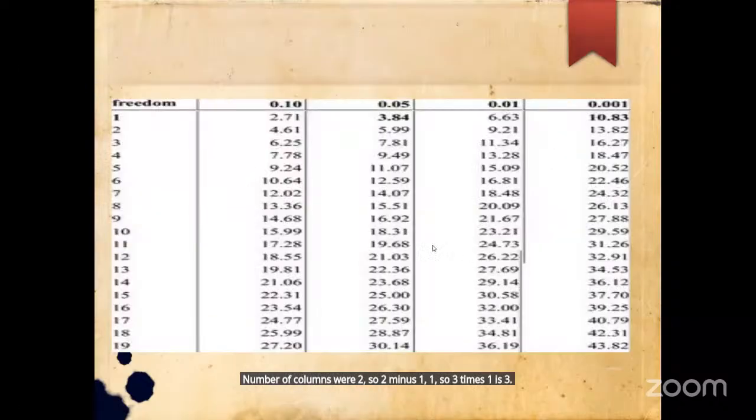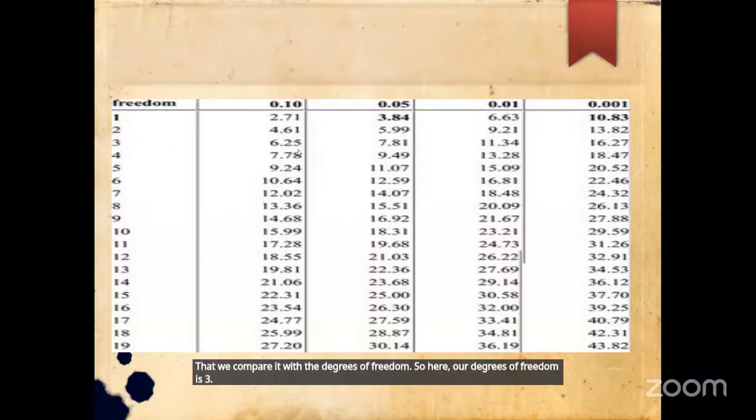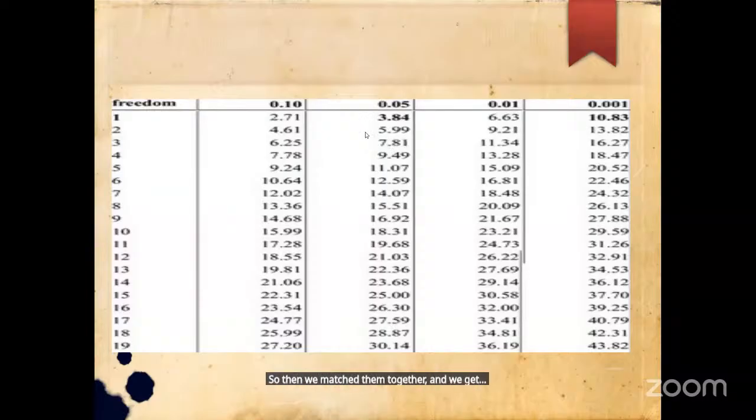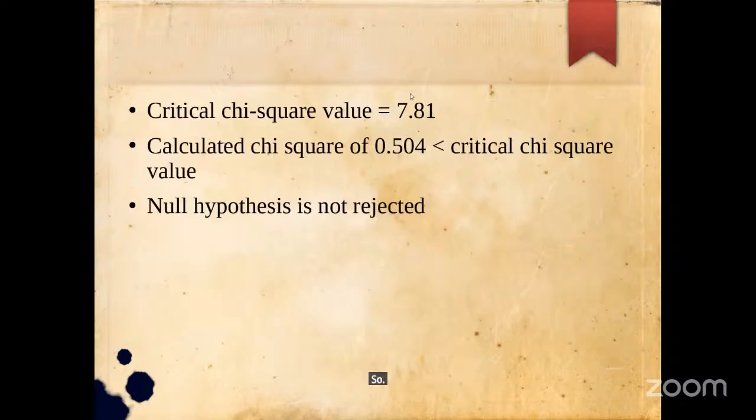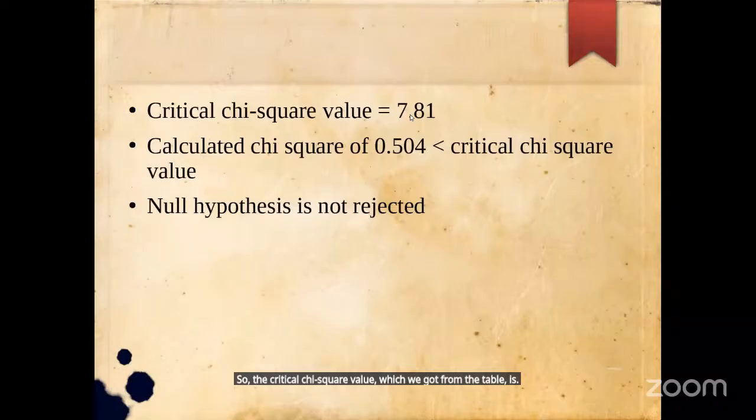Then we have this table. Usually our cutoff value is 0.05. Then we compare it with the degrees of freedom, which here is 3. So we match them together and we get 7.81. The critical chi-square value which we got from the table is greater than the calculated chi-square of 0.504.